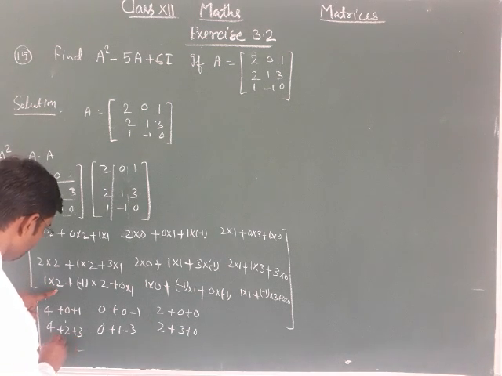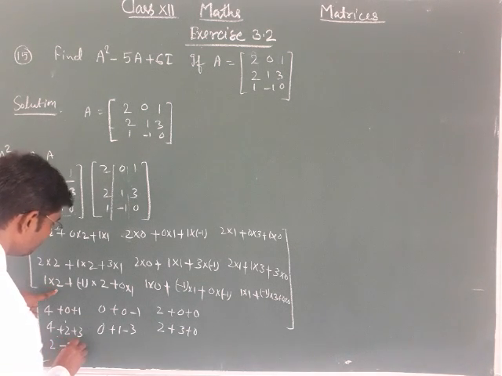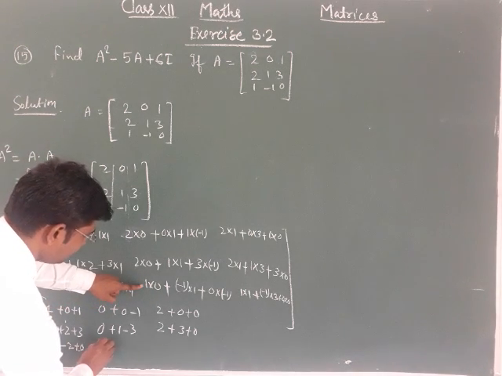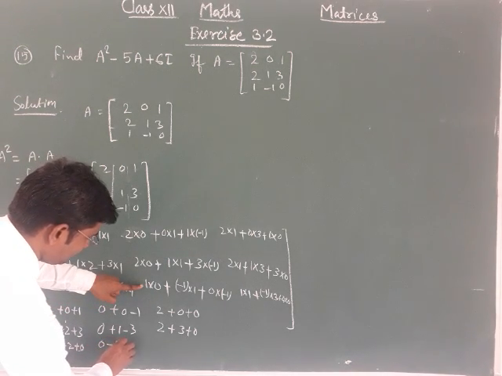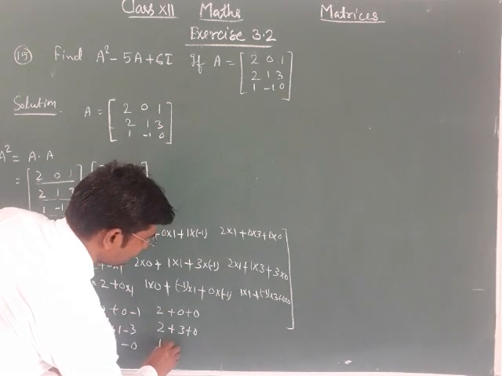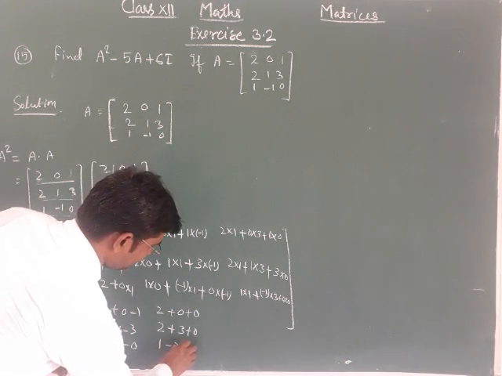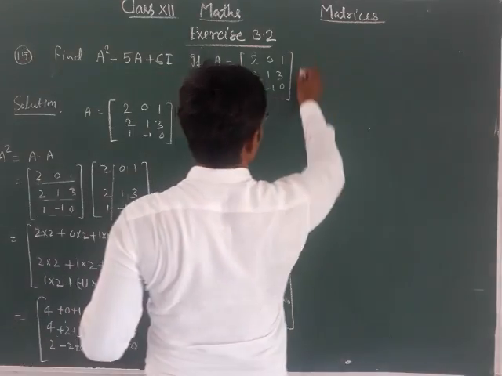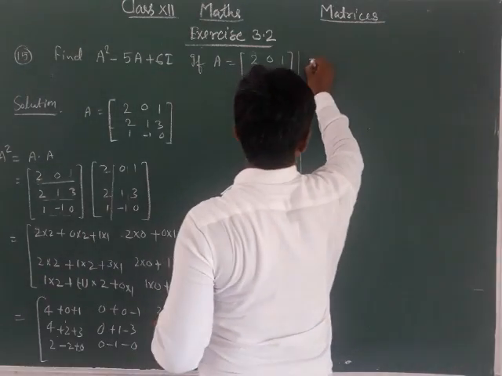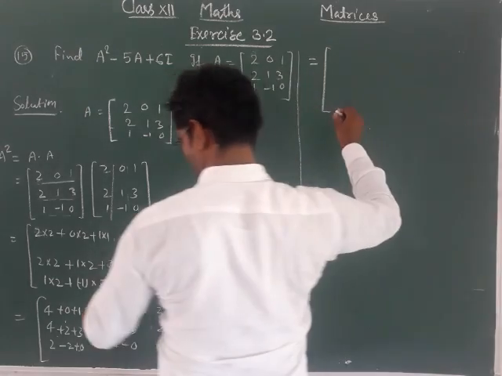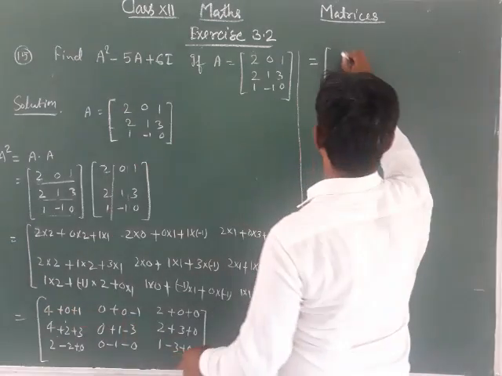Then 2 minus 2 plus 0; and 0 minus 1 minus 0; and 1 minus 3 plus 0. So now this matrix is complete. 4 plus 1 is 5.